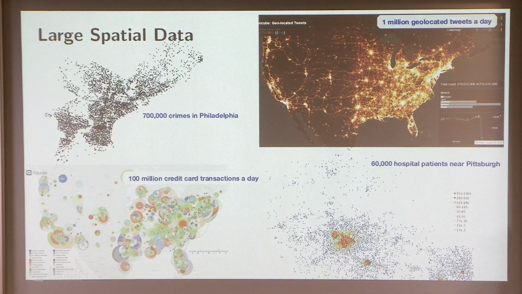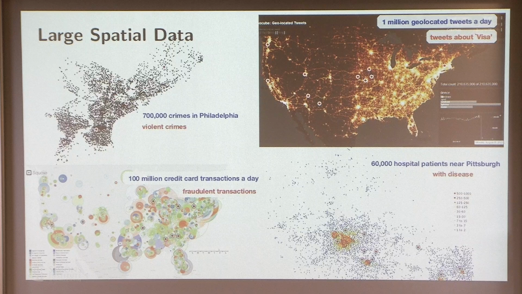And also, we don't often just have the raw data and just look at the density. Sometimes I look at those problems, but now I'm interested in points that are special marks, where they have a value. You can think of them as having a binary value on top of them, where the ones are interesting, or a continuous value on top of these. I want to know something about this measured quantity on top of the spatial data.